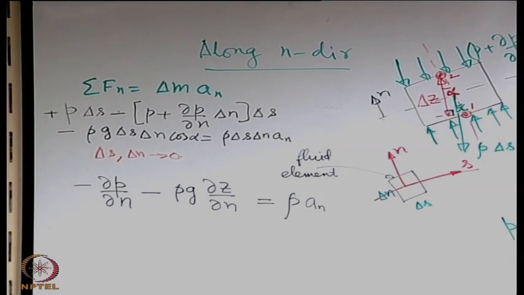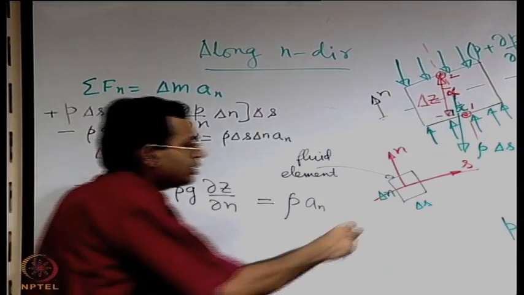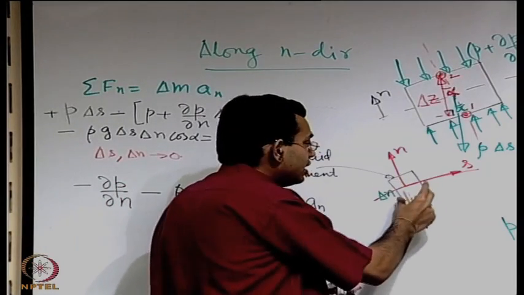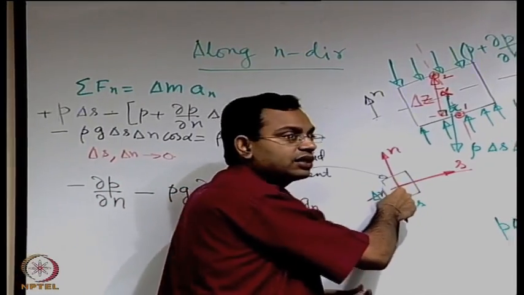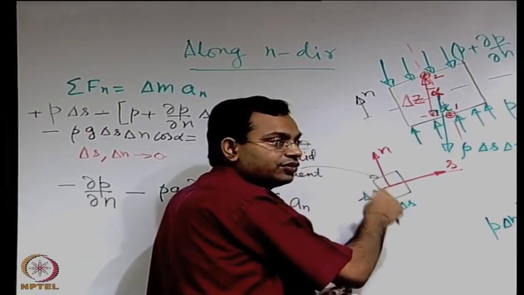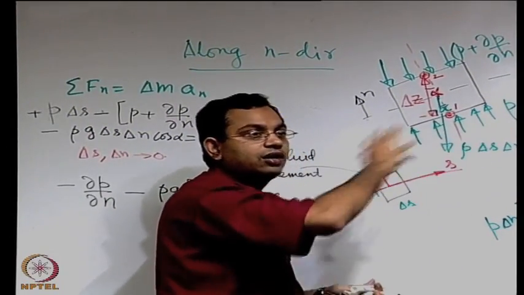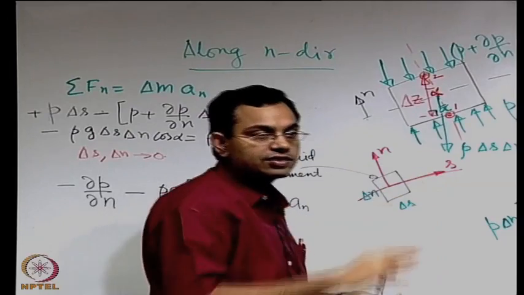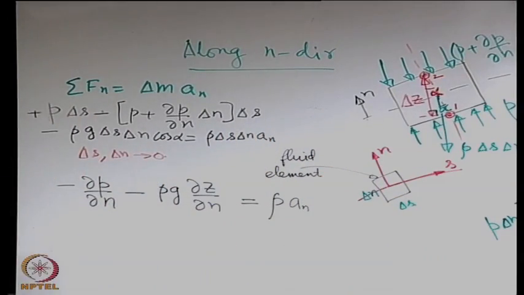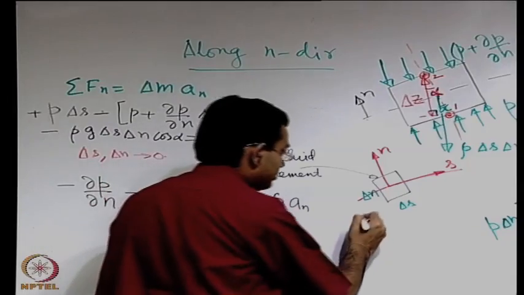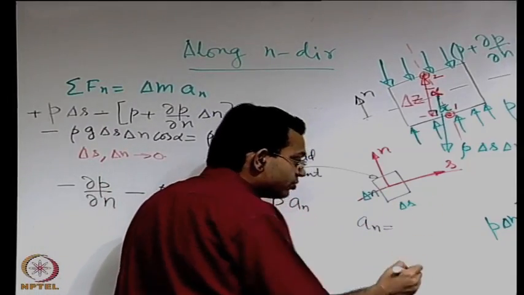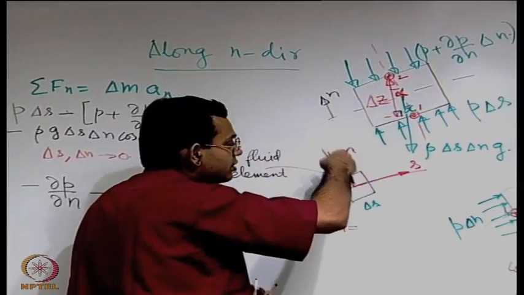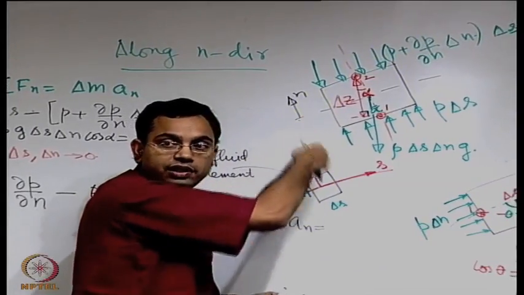Okay. So, you have to keep in mind that you are considering a fluid element. In the limit as these sizes tend to 0, it becomes like a fluid particle. So, you can think of a particle moving along a curve, the basic particle mechanics when the particle is moving along a curve. So, what is the normal component of acceleration if the particle has a tangential component of velocity as v? What is a n? V square by r, but not in the positive n direction but in the negative n direction.